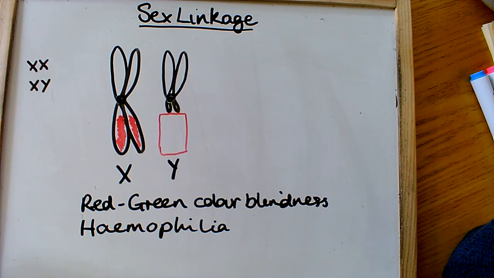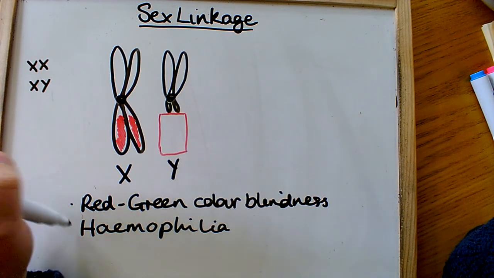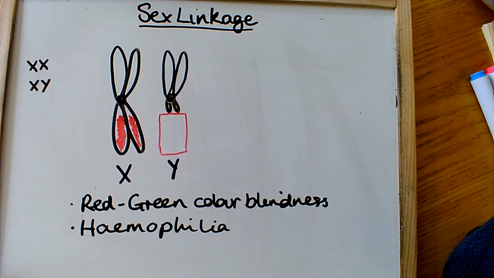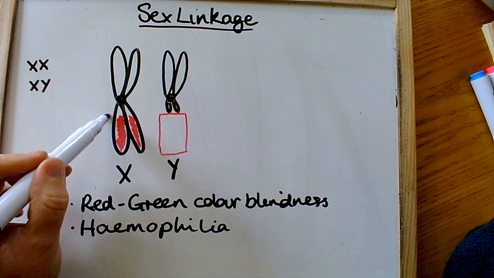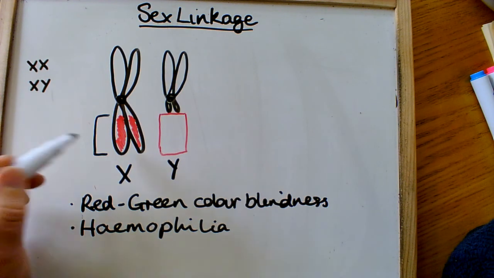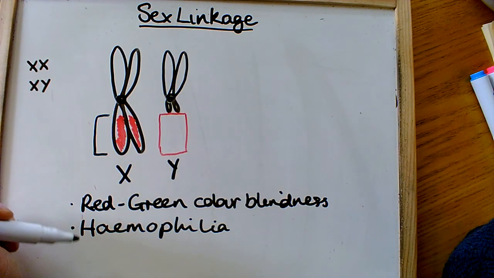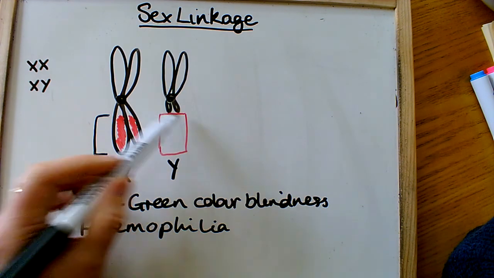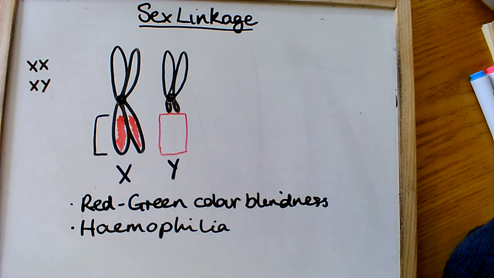That doesn't take place. And it's because both of these two characteristics are controlled by a gene somewhere here on the X chromosome. Okay? So both of these are recessive inherited disorders. If they inherit a recessive copy of either of these, there's nothing on the Y chromosome to override that.